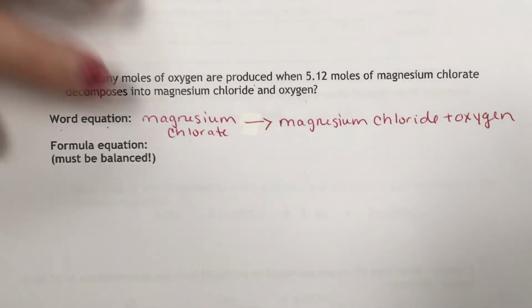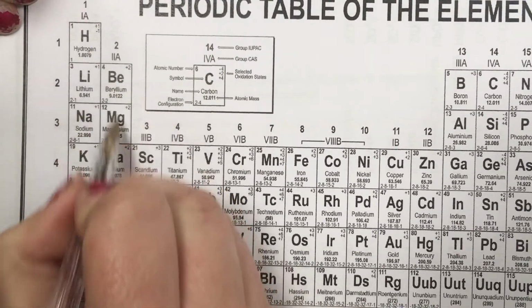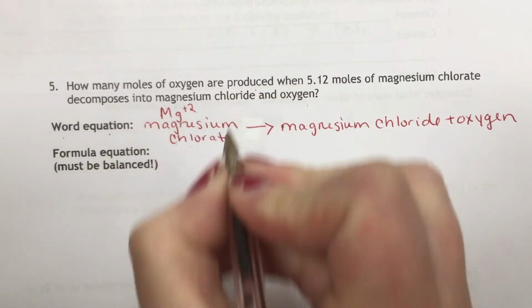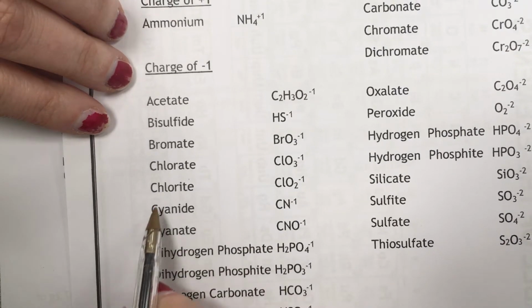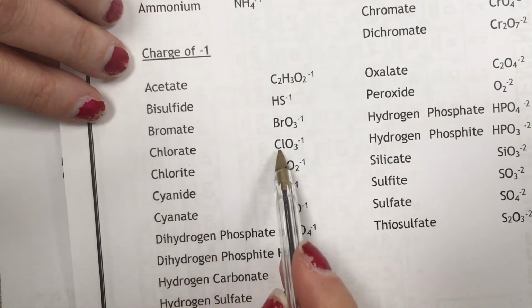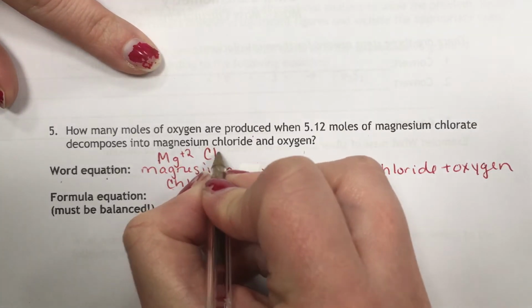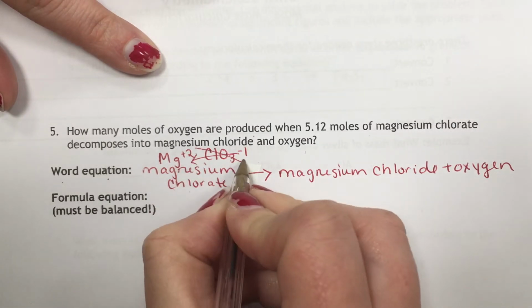Okay, so magnesium chlorate. Magnesium is in the second group, so magnesium is a +2 charge. Chlorate is on the polyatomic ion sheet. That's chlorite. Chlorate is here, ClO3 minus 1. So the charges will be brought down.